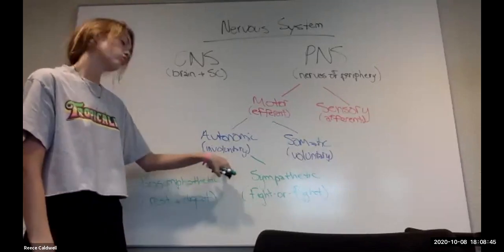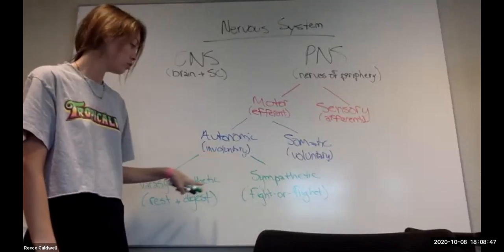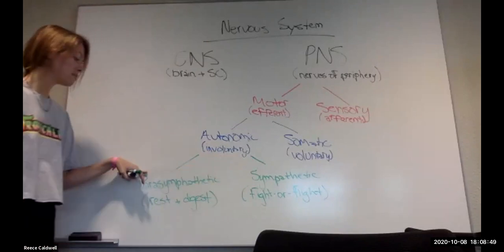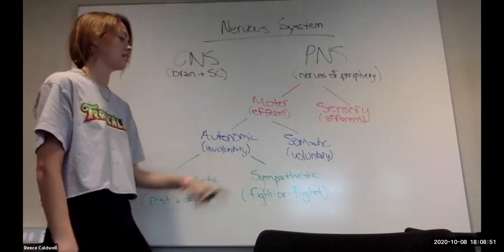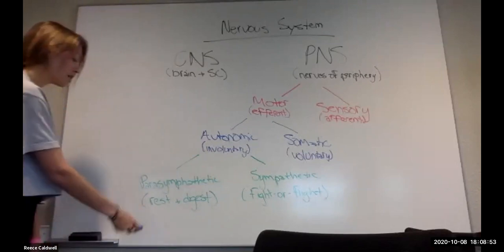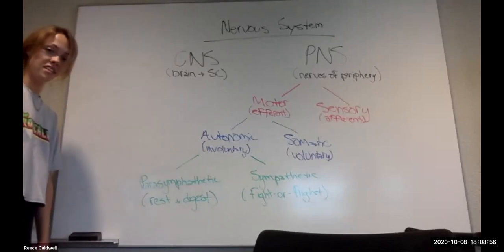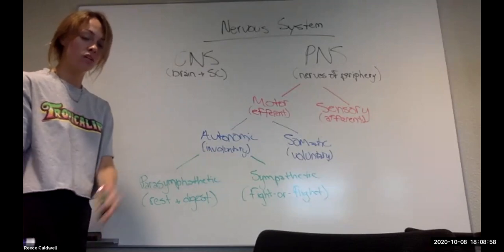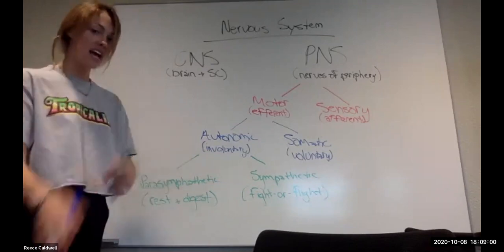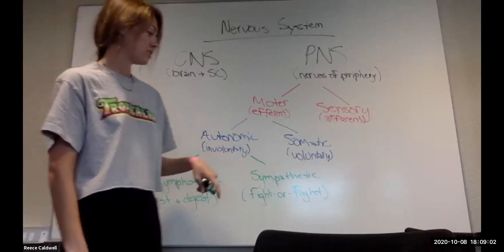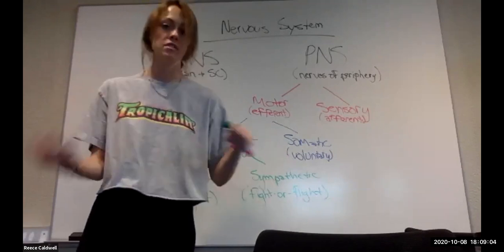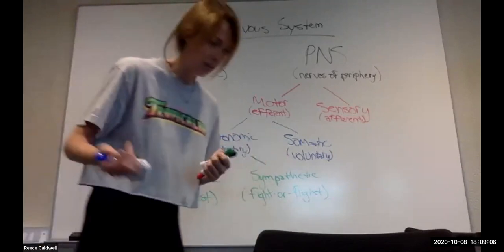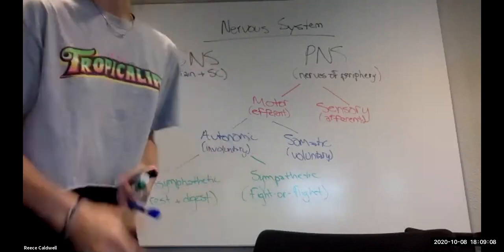We divide our autonomic nervous system into two last systems, the parasympathetic nervous system and the sympathetic nervous system. The parasympathetic system is our rest and digest. You can think paralyzed, when you're paralyzed you do a lot of resting and digesting. Sympathetic nervous system is our fight or flight. You feel sympathy because they were scared, fight or flight. So those are the divisions of the nervous system, crucial to know.